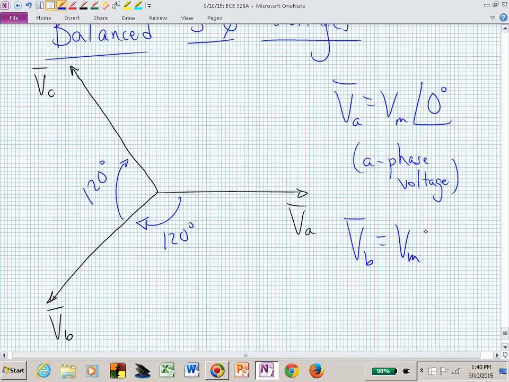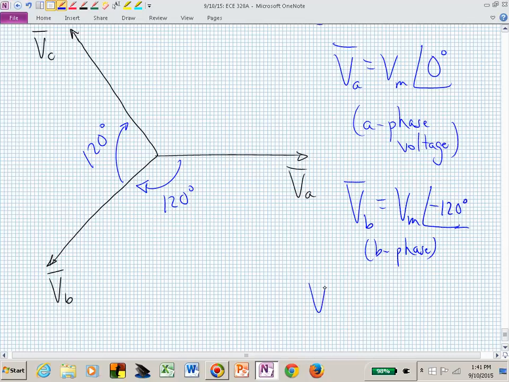It's just V sub M, and what's its angle? We typically keep these angles between 180 and 0. So this will be now minus 120 since it's behind V sub A. And this is now the B phase.